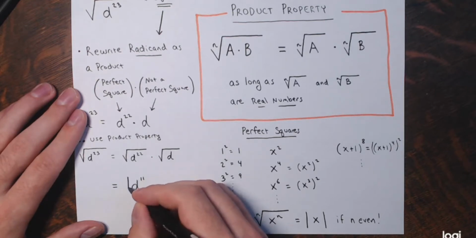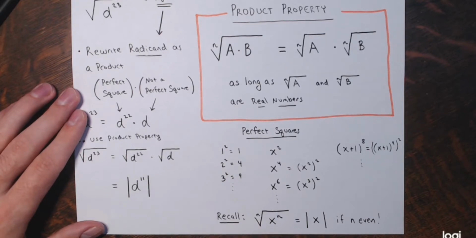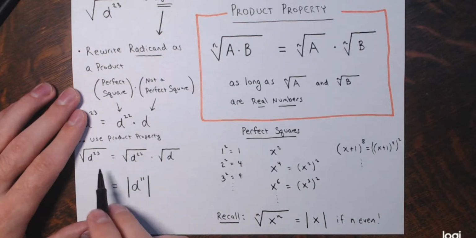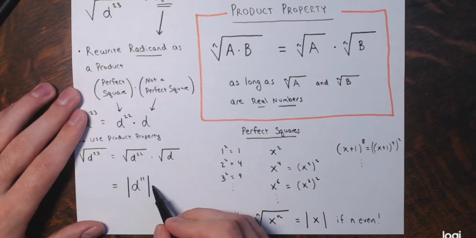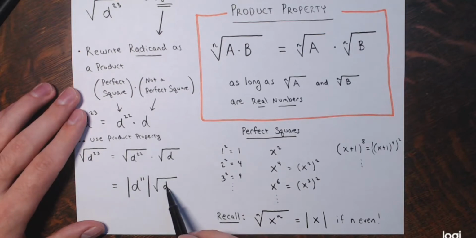So I'm putting absolute values around d to the 11th. They must be there. We must ensure that our result is the principal square root, times the square root of d. And that square root doesn't simplify any further because there are no more perfect squares as a factor.